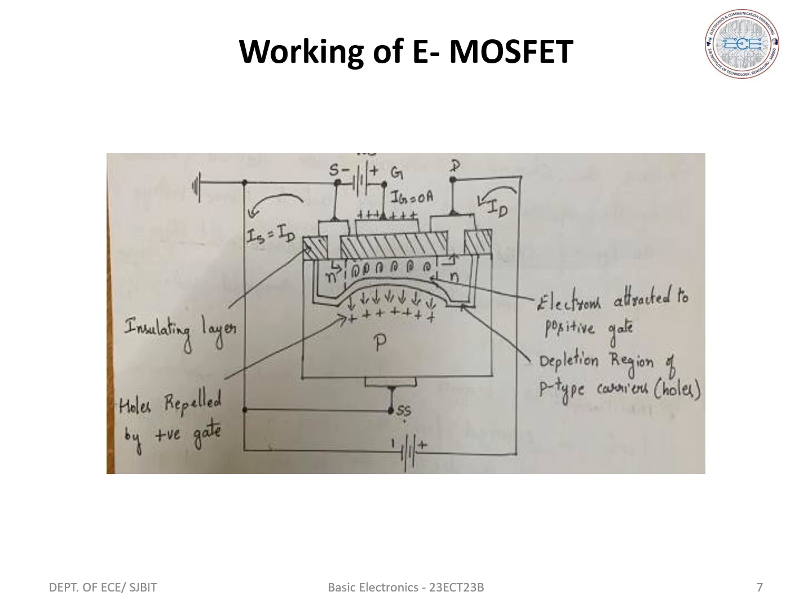So whenever we apply the positive voltage at the gate terminal, the holes near the oxide layer will be pushed away from this gate terminal, and electrons, which are the minority carriers in the P substrate, will be attracted towards the gate terminal.